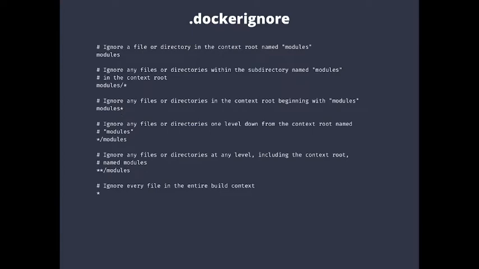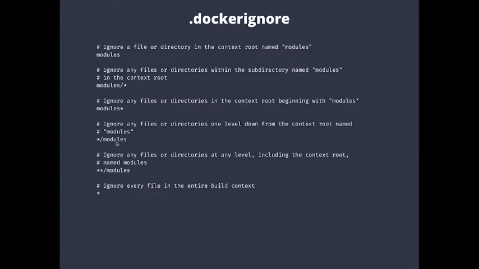And if you want to ignore one level down from the current context where we are actually running our image, simply say from the current root directory, whatever modules folders are there one level down, it will simply ignore those as well.